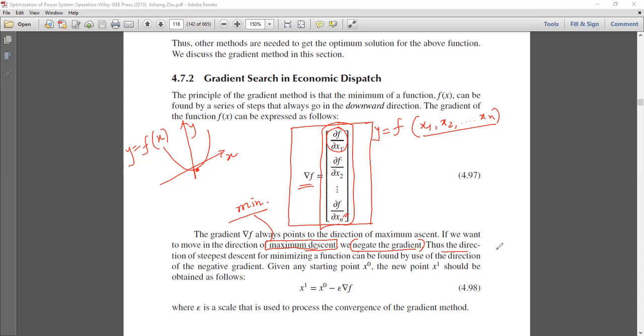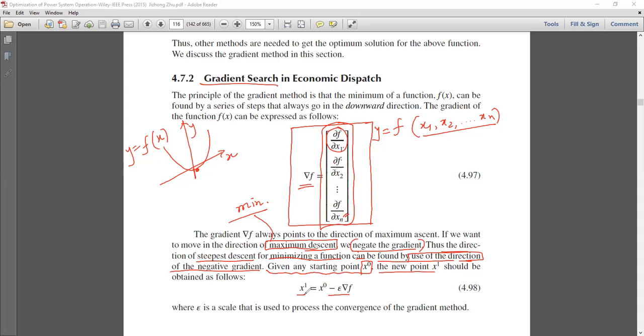Thus the direction of steepest descent, another name for the gradient descent algorithm, for minimizing a function can be found by using the direction of the negative gradient. I have already mentioned this for a single-variable function. If you start from a certain initial point x0, then the new point x1 can be calculated using this.